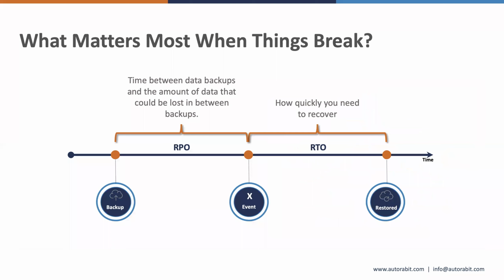So let's look at your RPO and RTO in relation to some event happening. The time lapse between the last successful backup and the failure event is your RPO. And the time lag between the event or the disaster and how soon your system is back up and running with full functionality is your RTO.